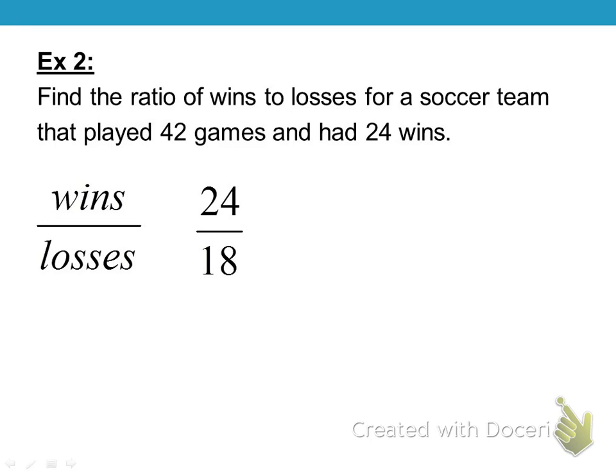Unknown. 18. How do I get 18? 42 minus 24. Yeah, if you play 42 times, assuming there are no ties, and you won 24 of those, that means that 18 times you lost. And then you can reduce to 4 over 3. Questions?